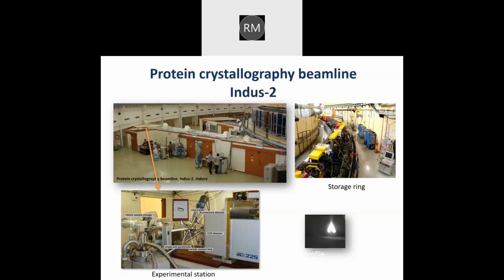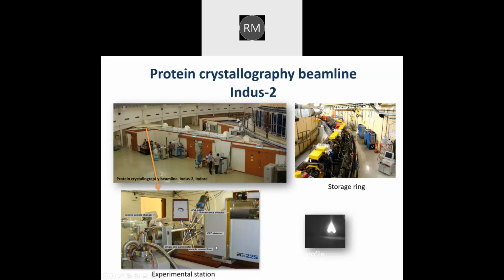And here is some kind of microscope which is showing the crystal in the loop, and this crystal then diffracts, and this diffraction is detected by what is called the CCD detector. This is the largest detector India might have. It's a very costly detector, and you detect the X-ray diffraction by this detector.